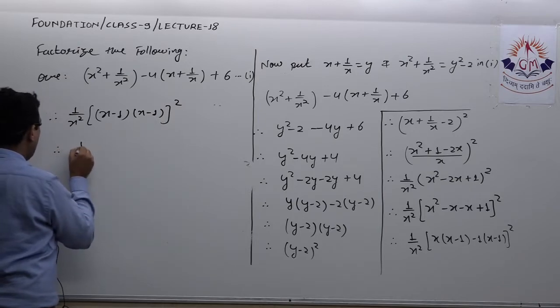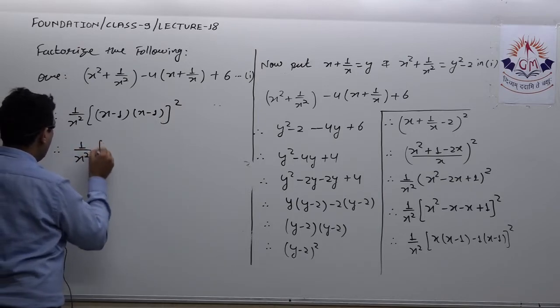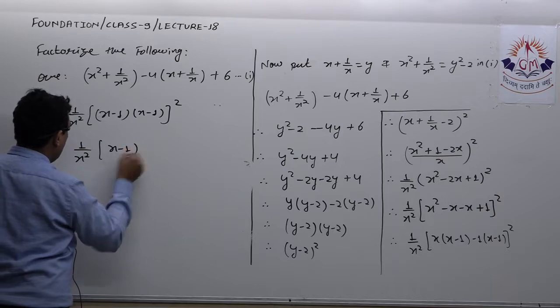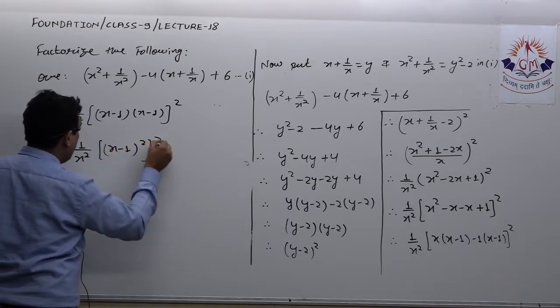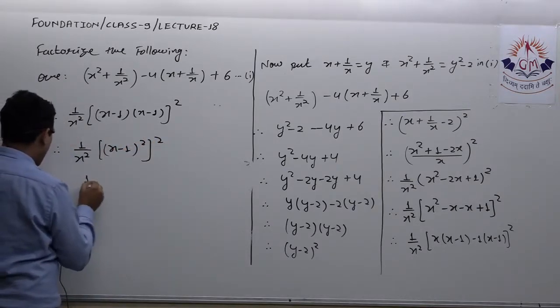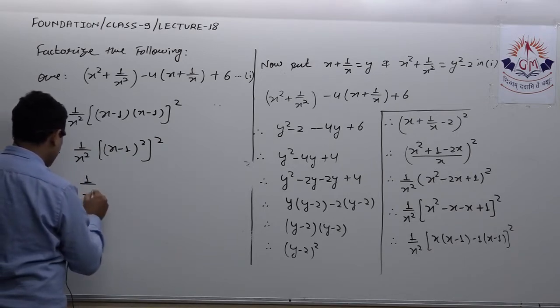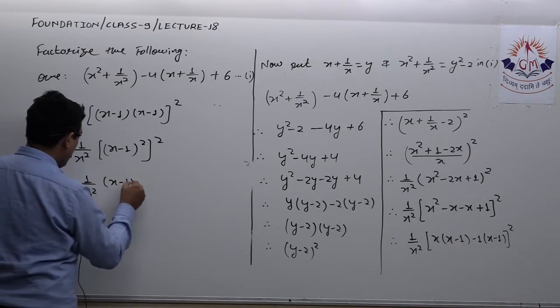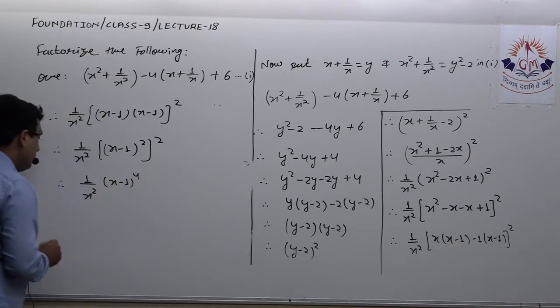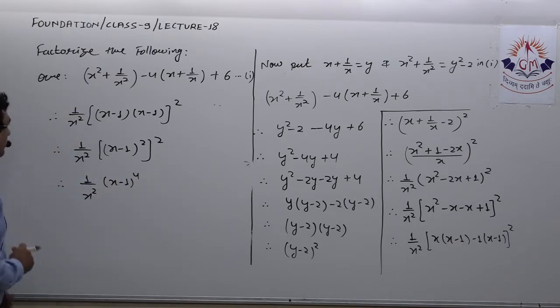So ultimately it will become 1 upon x square times x minus 1 whole square, and again squared. So I can say the final factors are 1 upon x square into x minus 1 raised to 4. Okay, so these are the factors of the given expression. So please note it down, then we'll see the next question.